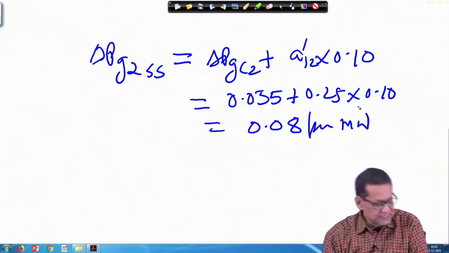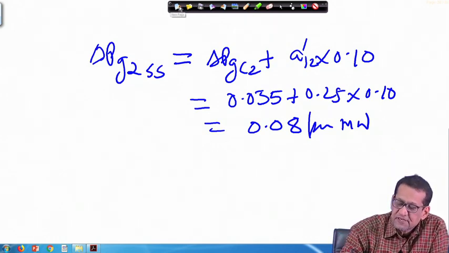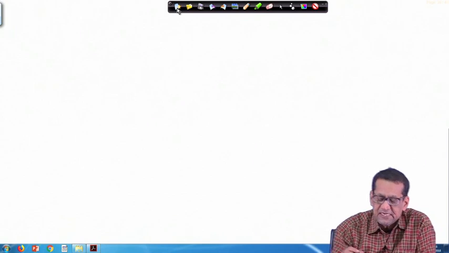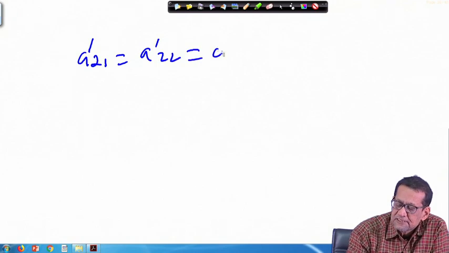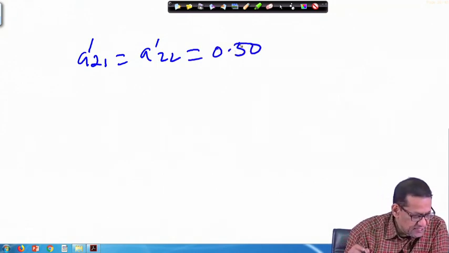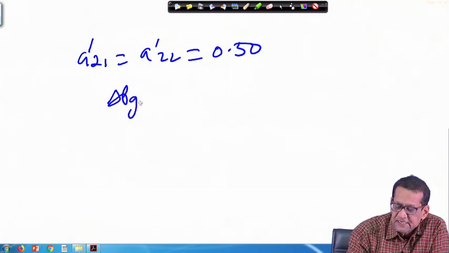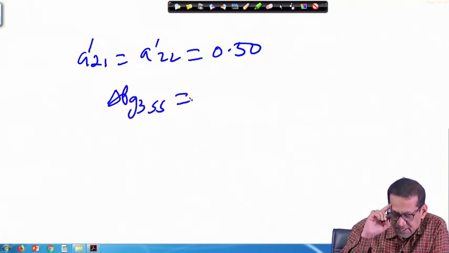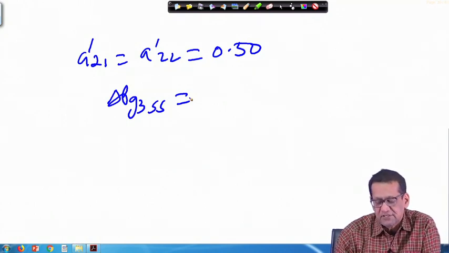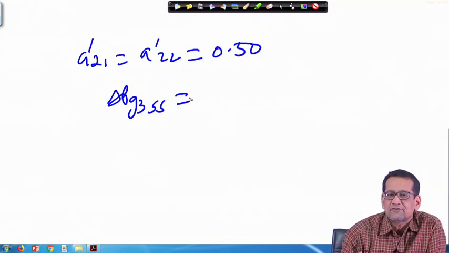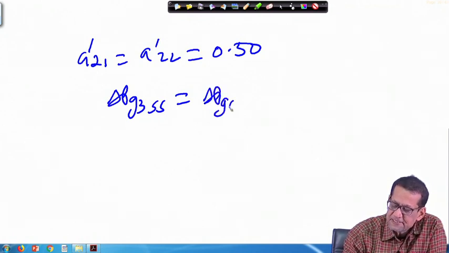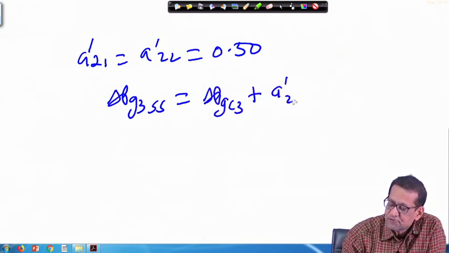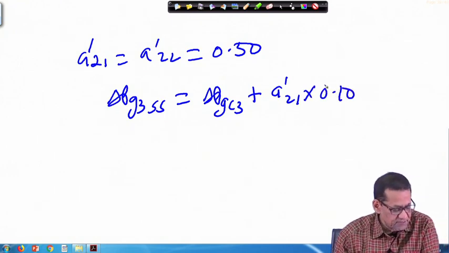This is delta Pg2. Similarly, A dash 21 is equal to A dash 22, which is 0.50. Therefore, delta Pg3 steady state, when the uncontracted power demand is there in area 2 also, will be delta Pgc3 plus A dash 21 into 0.10.